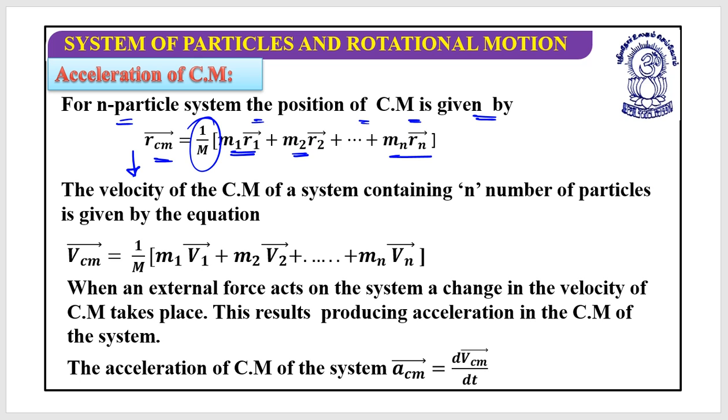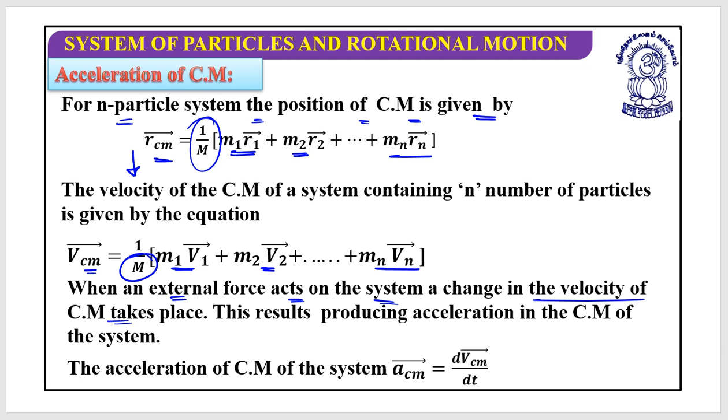So let's check that Vcm was m1 v1 plus m2 v2 up to mn vn divided by m. Yes, this is the velocity of center of mass. So when an external force acts on the system, a change in the velocity of center of mass takes place. For this you must require external force.